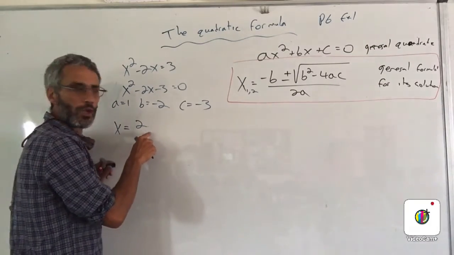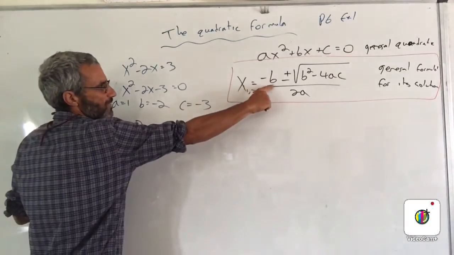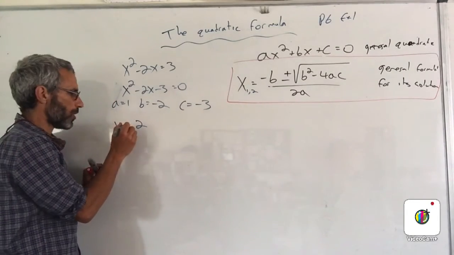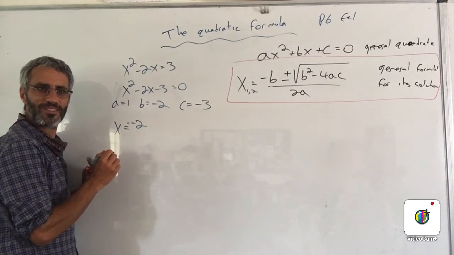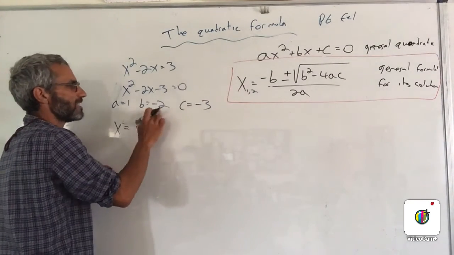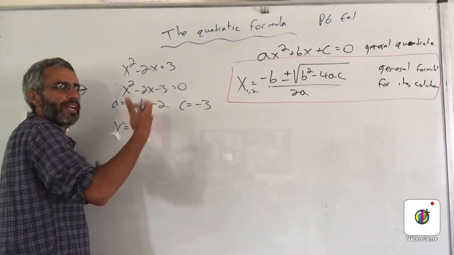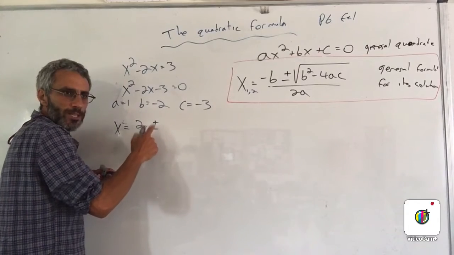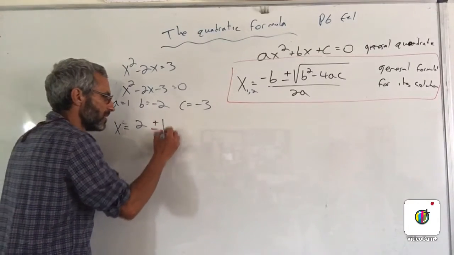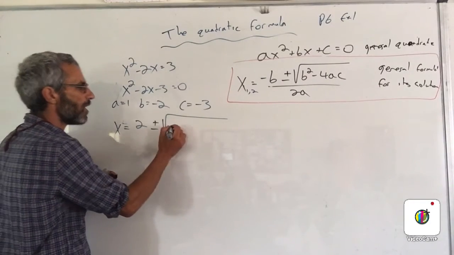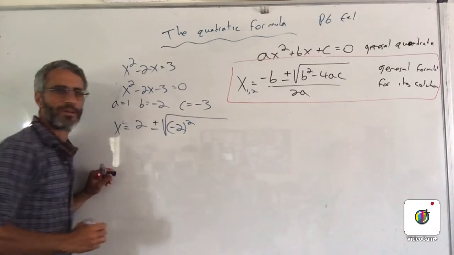So minus b is 2. Then plus minus. We need to sort out this thing in a minute. What does that mean? What is b squared in this case? Let's just write it down. Minus 2 squared.